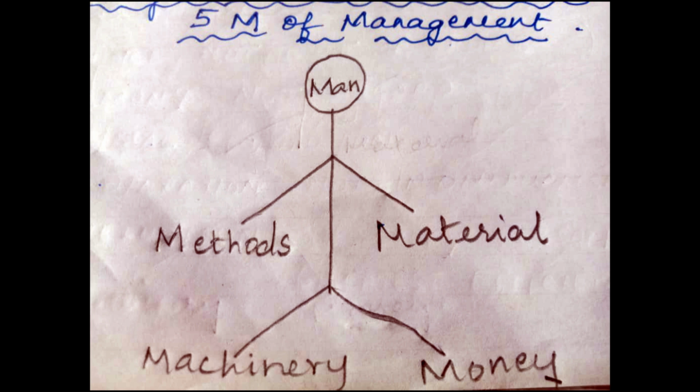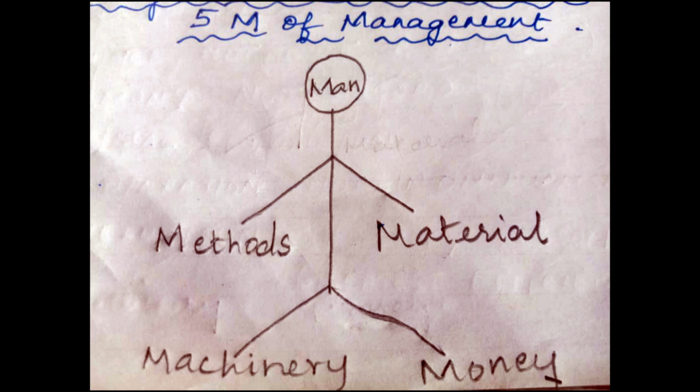The third M of management is machinery, or the tools with which the management needs to be performed. The tools are required for the proper working of the organization. The fourth M is money. Without financial resources or money, an organization cannot function.